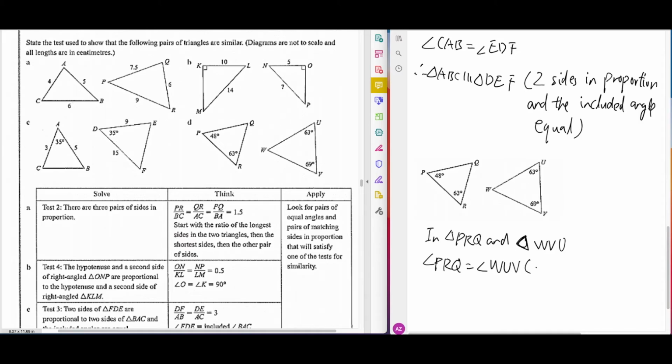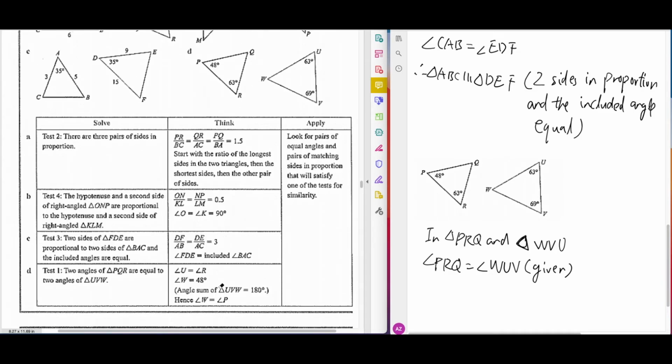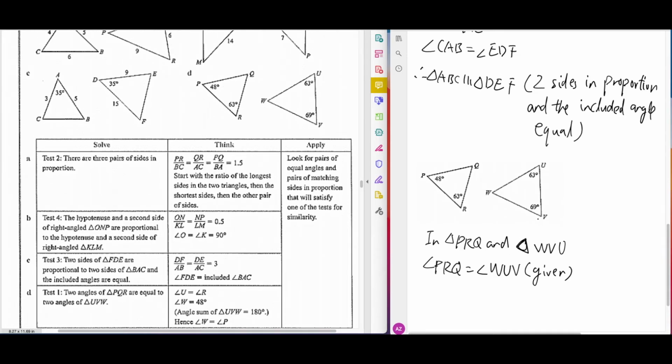And the reason for this is it's given. Now the other 2 angles are not equal, so what can we do? As you can probably tell, we already know 2 of these angles, so we can work out this angle. So we can say angle UWV plus 63 degrees plus 69 degrees is equal to 180 degrees. And the reason for that is angle sum of triangle.